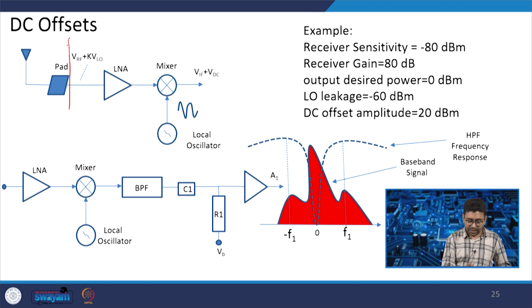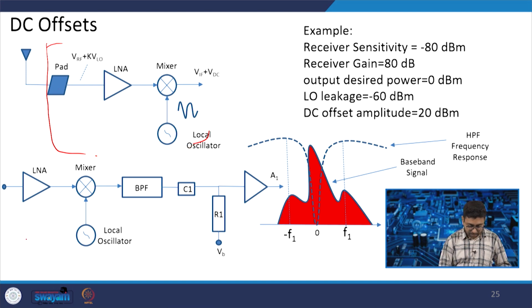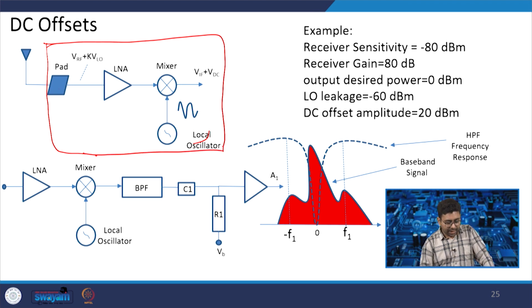So, if the entire thing is on chip, and these are the pads of the chip, and this has a pad, it is connected through PCB to the antenna, and if there is some signal, we already have seen if there is a leakage of some LO signal and that will be fed back, then you will have a sufficient DC offset, and that DC offset is very high.